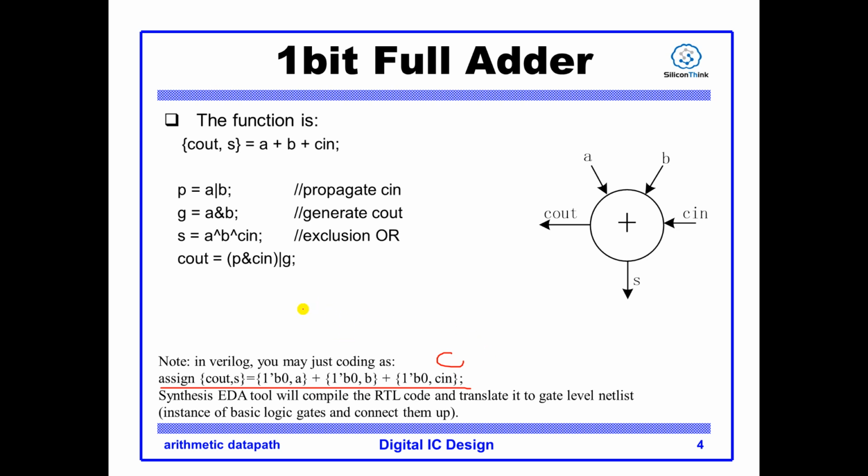And in Verilog, typically there is no need for you to write this statement. You just write a simple line like that. And the EDA tool will synthesize the code to logic gates. The EDA tool will understand the meaning of your statement and translate it, using the basic logic gates in the cell library to build the same function as your statement.